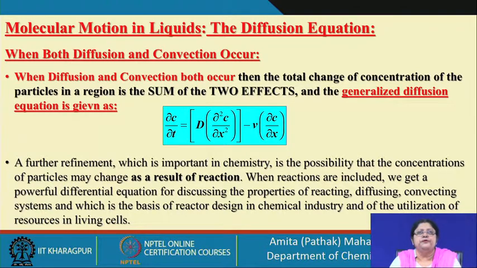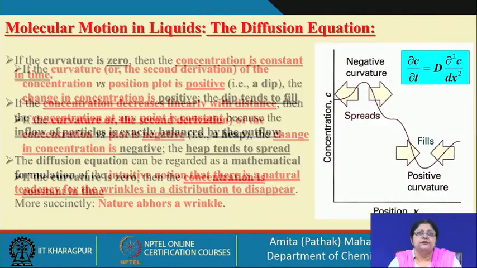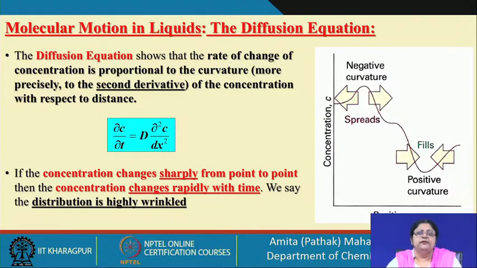Diffusion is going to be guided by the laws, which is Fick's first law of diffusion. We substitute that, and what do we get? If you remember, we had derived this expression when we talked about diffusion being guided by Fick's first law.